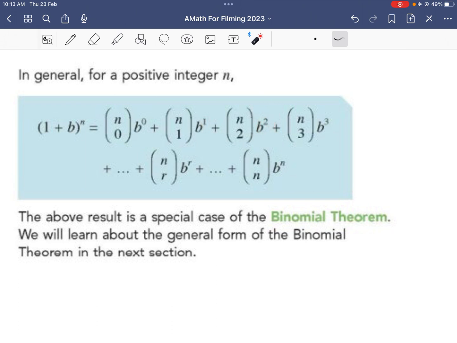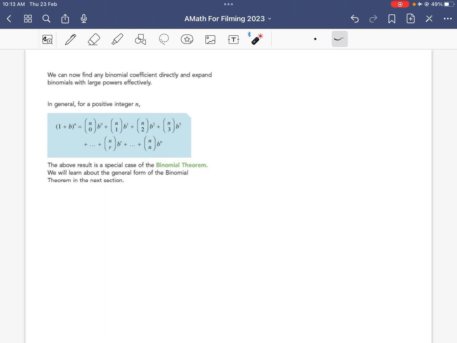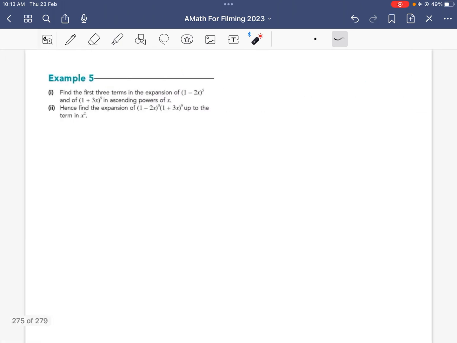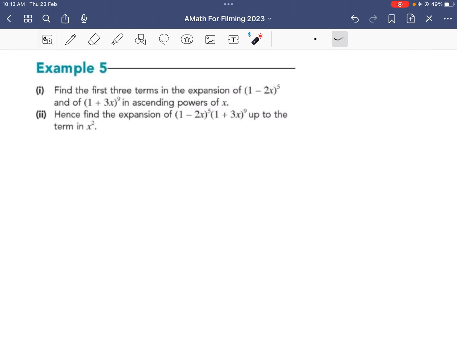Notice that b is increasing with power. Then the next one is b to the power of 4, b to the power of 5. Not to worry. I know it's like a, b, n and all. It seems quite difficult. Not to worry. It's just a pattern. I will just show you the pattern now. Then we can do this together.